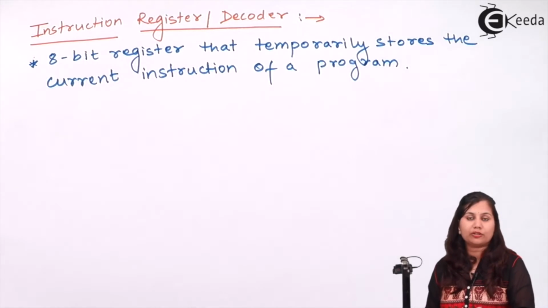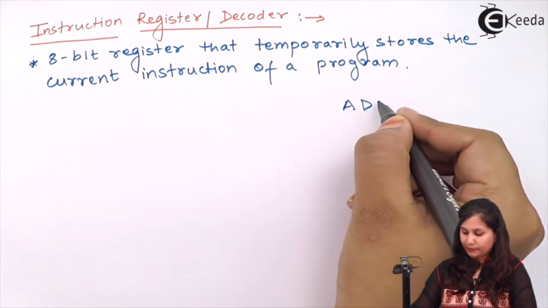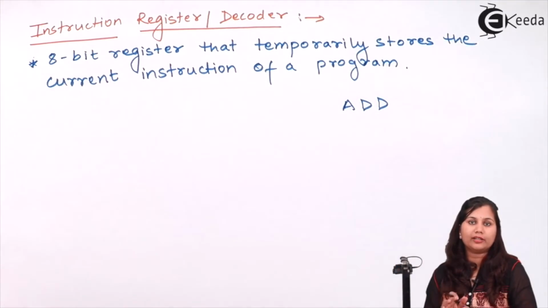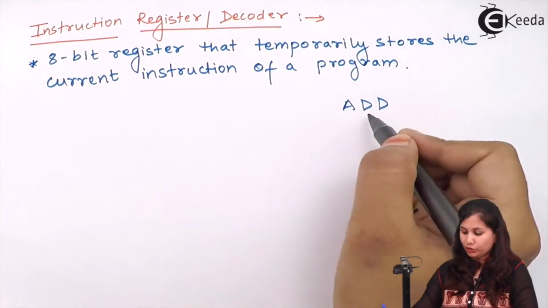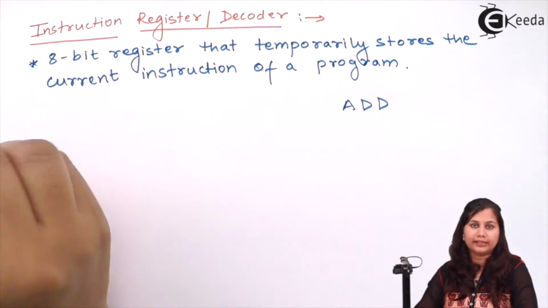What that instruction means: suppose we have written an instruction ADD. Now this instruction means that you have to perform the addition of two numbers. So this decoding of the instruction will be done in the instruction decoder.